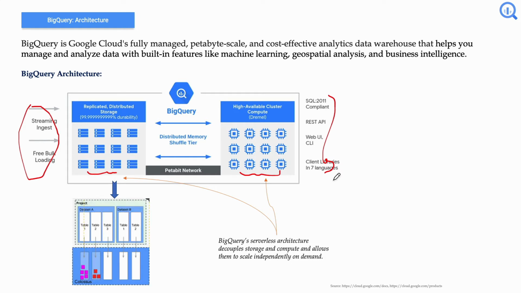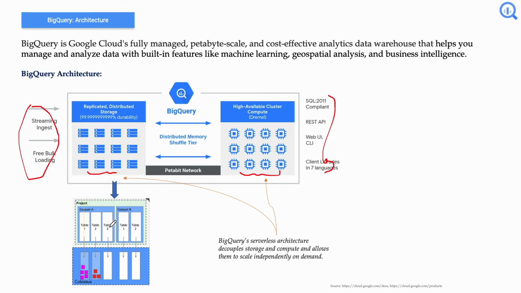When it comes to the storage layer, the organization of BigQuery is you define a project, and then within a project you define data sets. So data set A, data set B. Think of any data set as a database, and then within the data set you have tables.